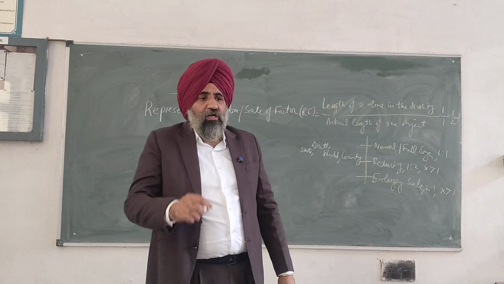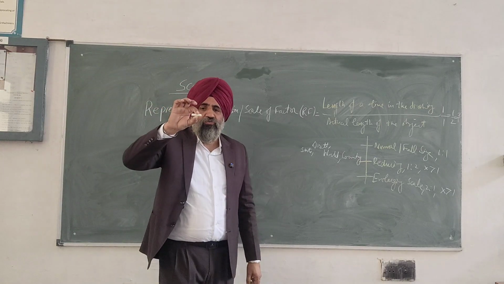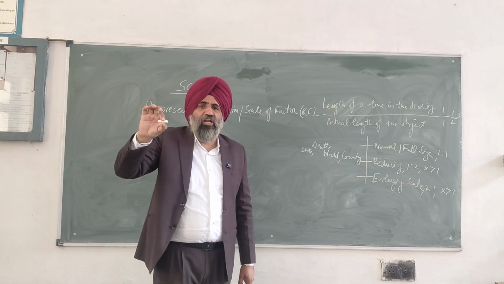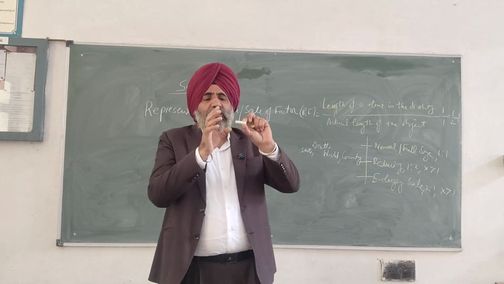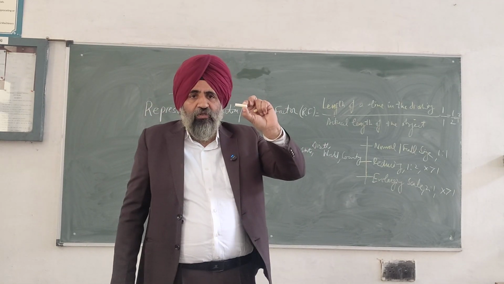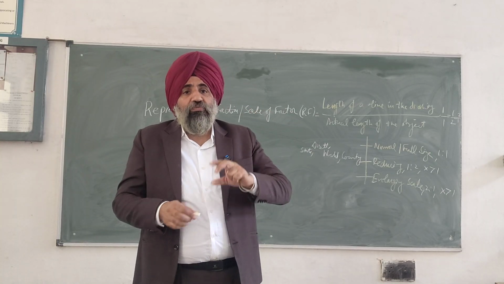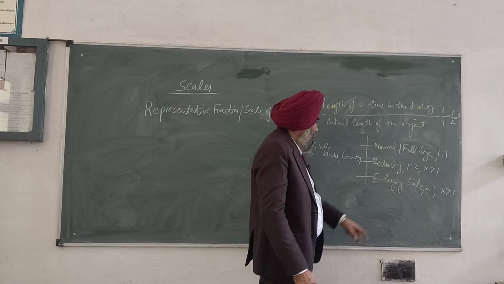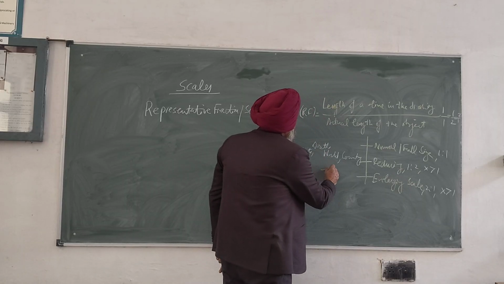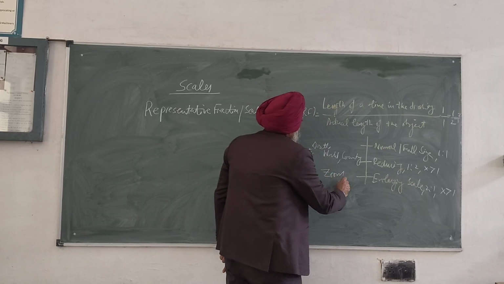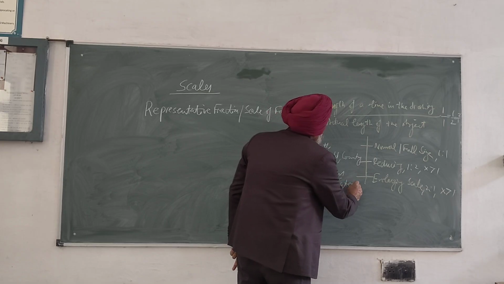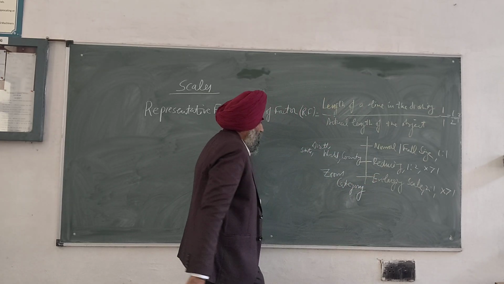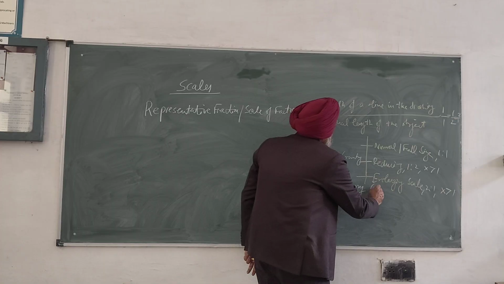For a small article, maybe a chalk, if you draw only the dimensions of this object on a drawing sheet, the rest of the space will be unutilized. For that, you can draw it on an enlarging scale. More or less, this is also known as the zoom category. In a computer, you use zoom with the positive sign.